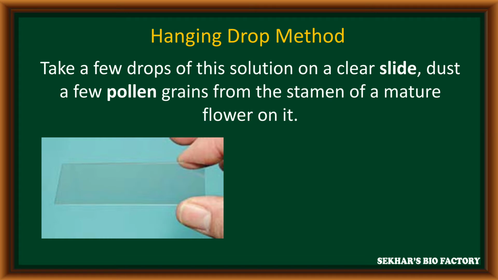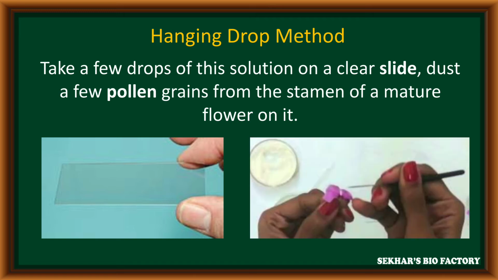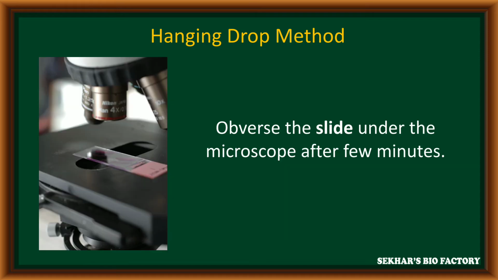Take a clean slide and put a few drops of sucrose solution on it. After that, the pollen grains collected from a suitable flower are dusted into the sucrose solution on this slide. After completing this process, we have to observe the slide under the microscope after a few minutes.